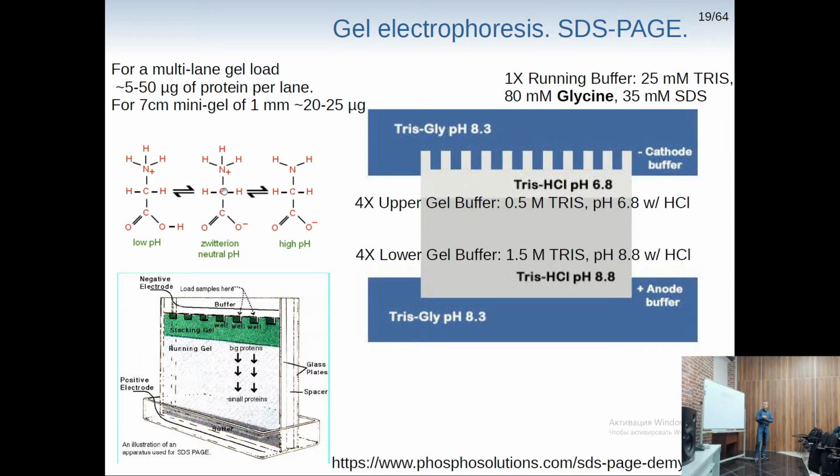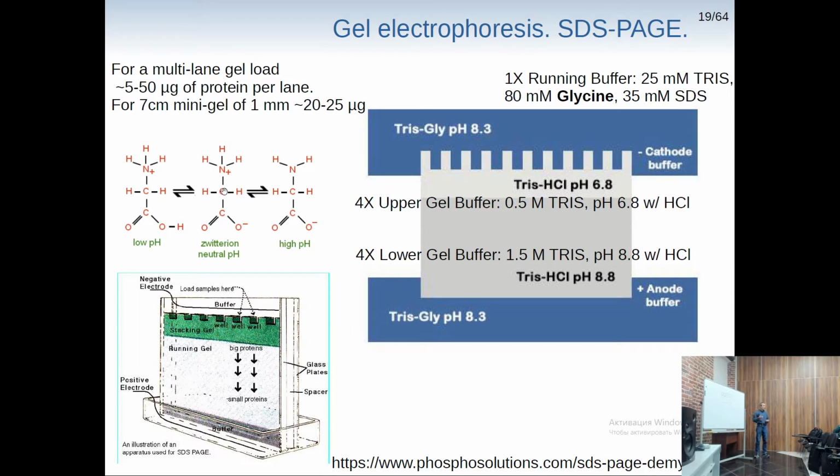Can we use just one ion, be it chloride or glycine, tricine, whatever? It will be a continuous system, right? And all the proteins will start from their position, as here it will be the same.